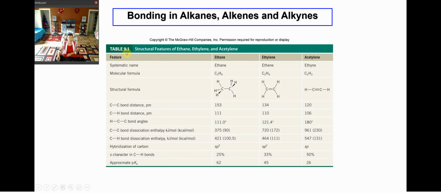Table 9.1 summarizes the name, molecular formula, structural formula, bond length, bond distance, bond angle, hybridization, and s character of the alkane, alkene, and alkyne. Alkane such as ethane, alkene such as ethylene or ethene, alkyne such as acetylene or ethyne.